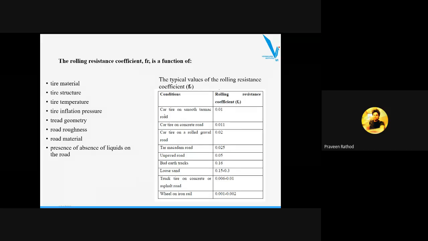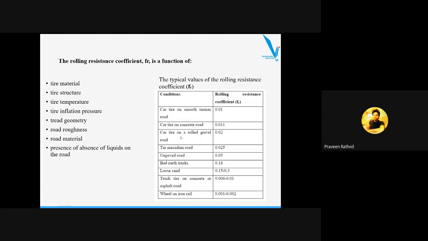If you see a car tire on a smooth tarmac road, the rolling resistance coefficient is 0.01. For a car on a concrete road it is 0.011; these are standard values taken from technical papers.